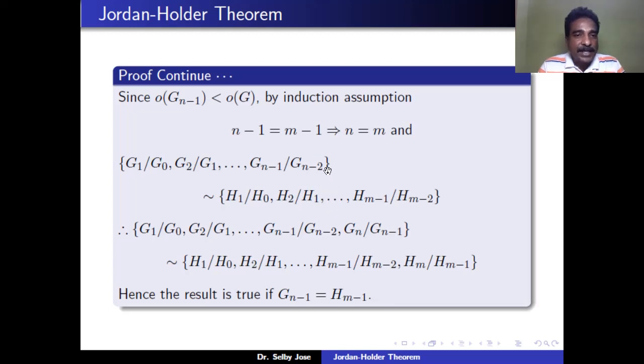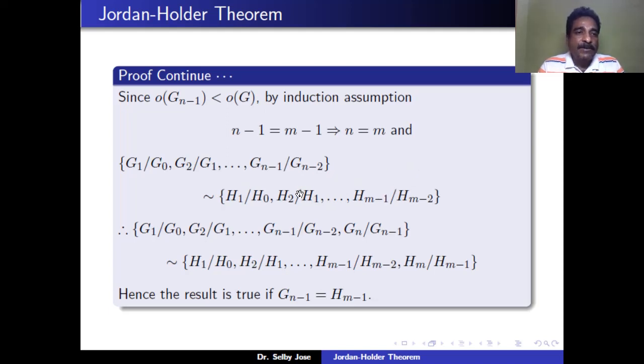So in this set, if we add Gn mod Gn-1 in both the sets, because Hm and Gn are G and Gn-1 is equal to Hm-1, both these factors are the same. So we add the same factor into these two lists.